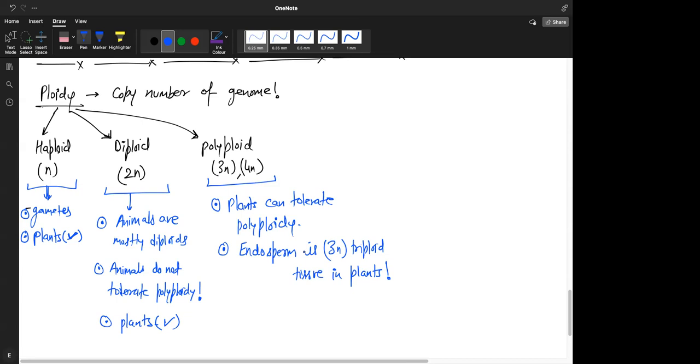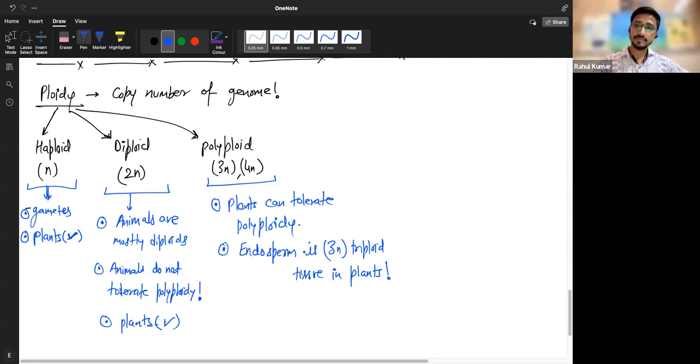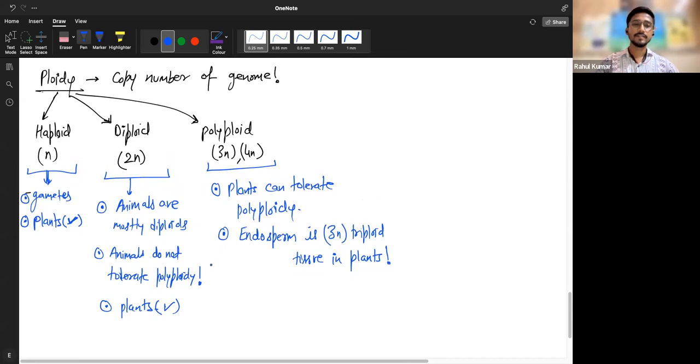So you understood ploidy, everyone? So mitosis happens in animals. In animals, mitosis is observed in diploid somatic cells.